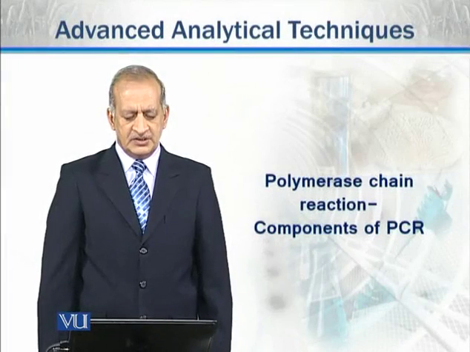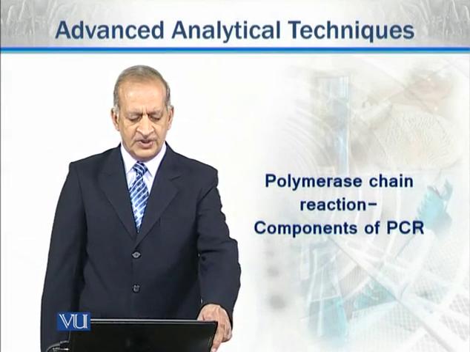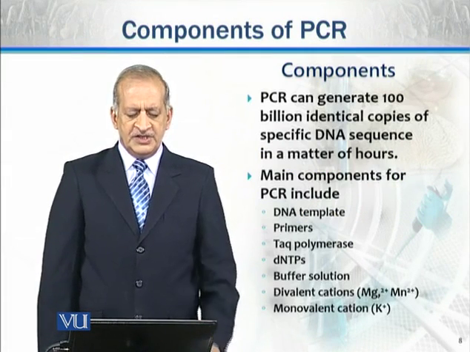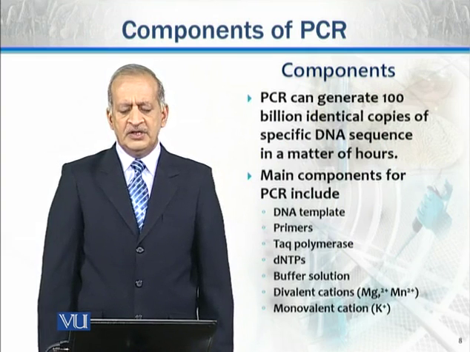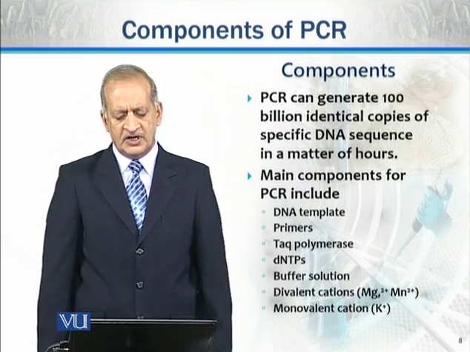So the next subtopic in polymerase chain reaction is its different components. PCR, we know, can generate 100 billion different copies of a specific DNA sequence in a matter of hours.